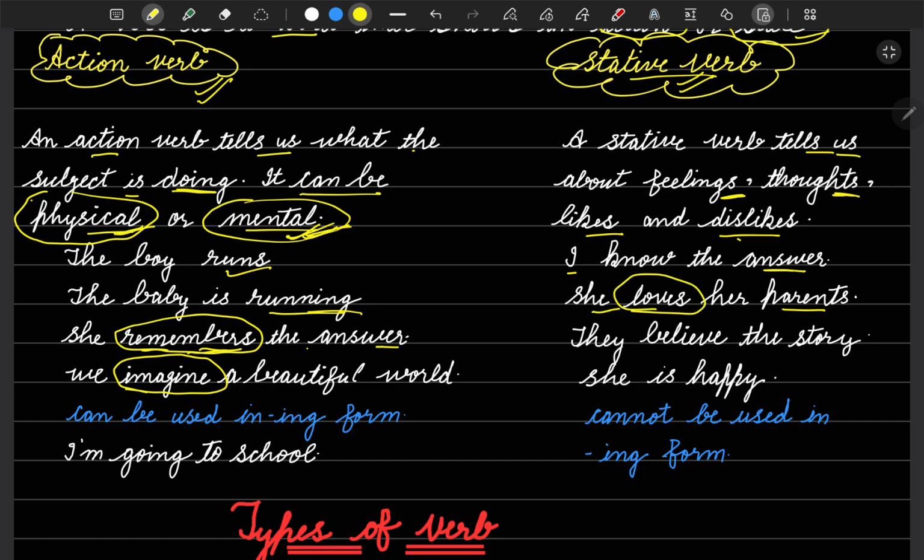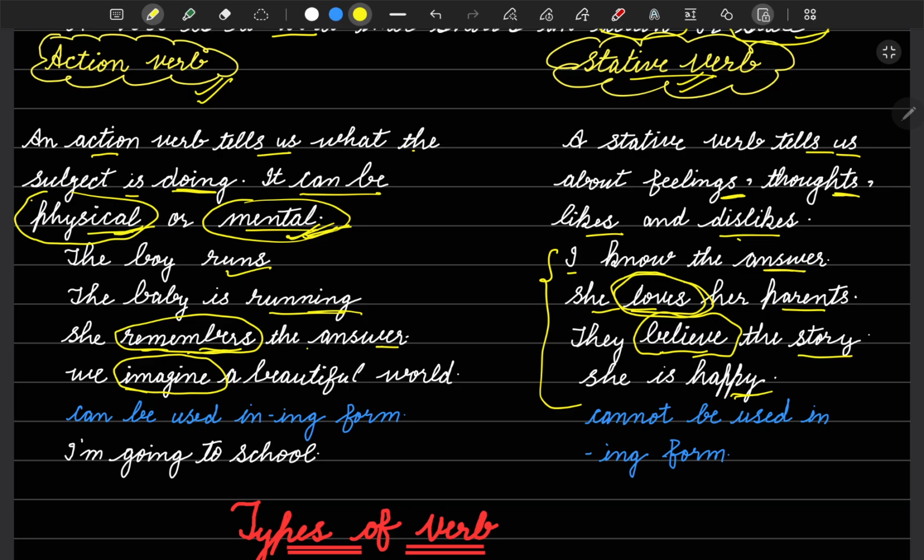Again, it's not a physical work. They believe the story. Again, neither a physical verb nor a mental verb. She is happy. So these are the stative verbs.